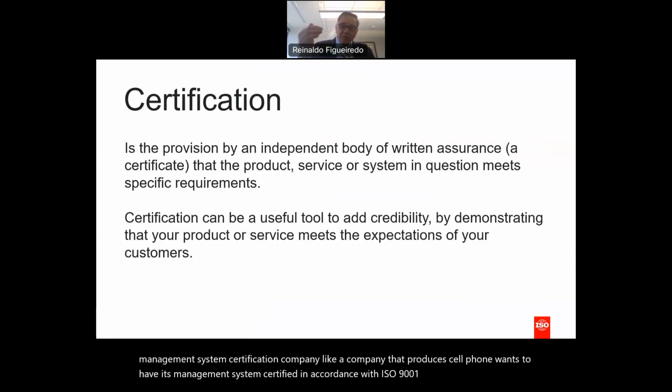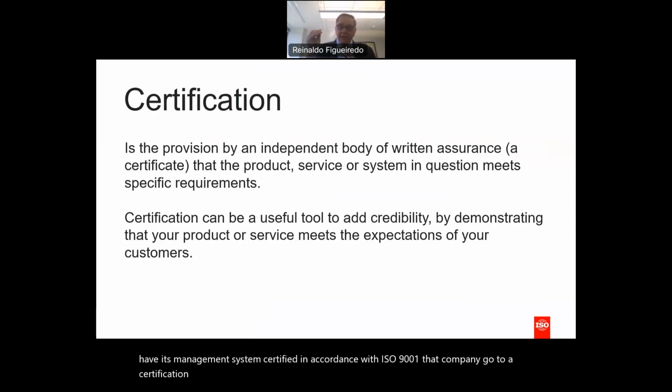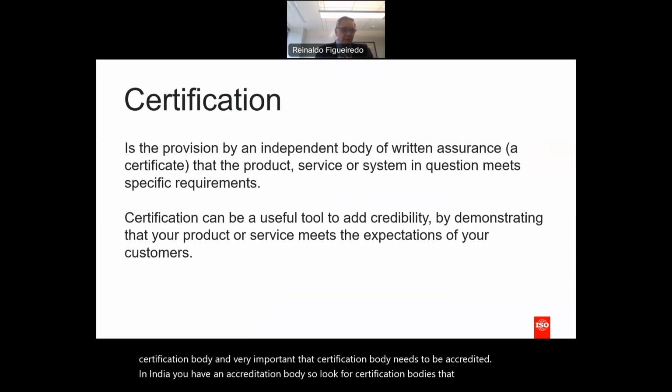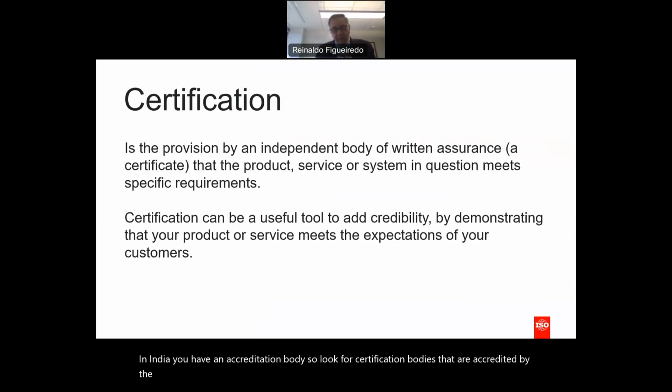That company goes to a certification body, and very important, that certification body needs to be accredited. In India, you have an accreditation body. So look for certification bodies that are accredited by your accreditation body in India, and that organization is going to provide this process.